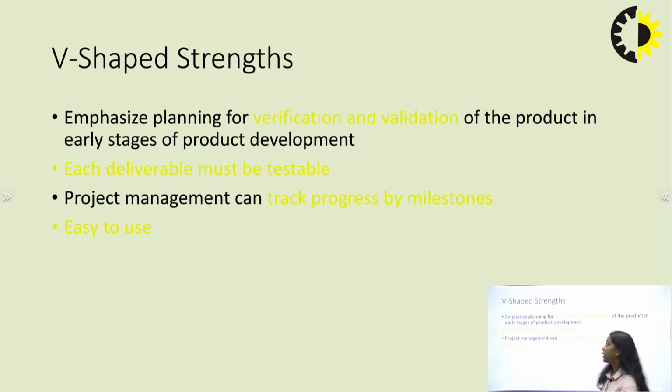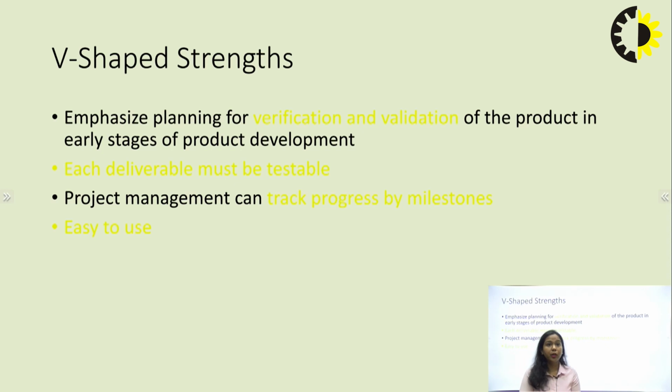What advantages do we get over the waterfall model? It emphasizes planning, verification and validation, which are very important tasks in software development. Verification means verifying that the system is actually what needs to be developed, and validation means we validate that whatever functioning needs to be performed is actually being performed, not anything other than that.